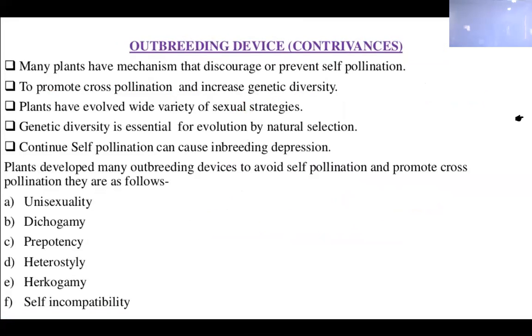Now we have to discuss outbreeding devices. In this, we are going to talk about double fertilization also.